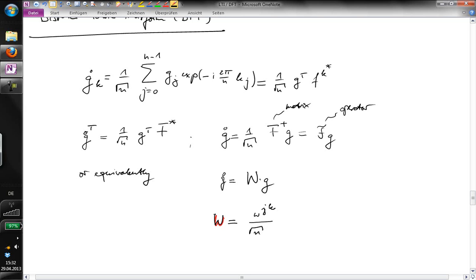And this would be element jk of this matrix, and this complex number is an nth root of unity.